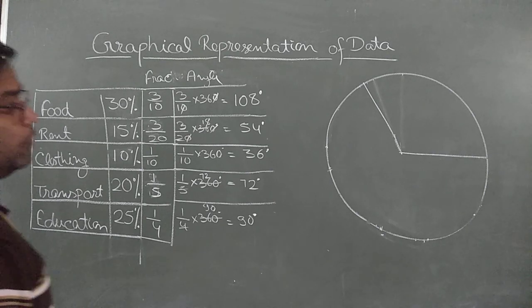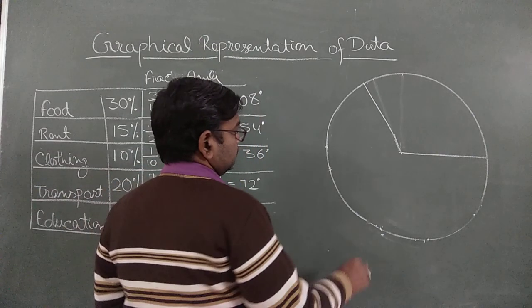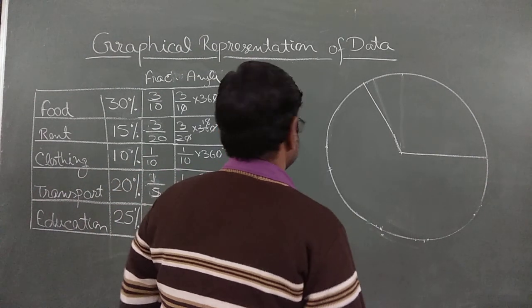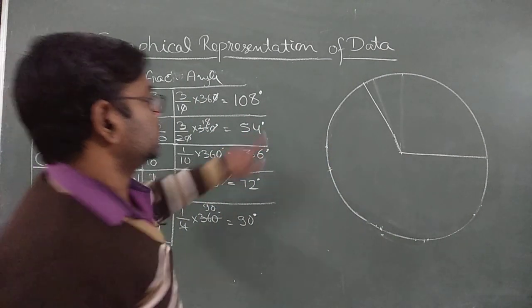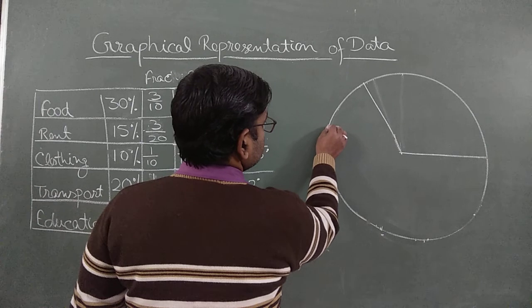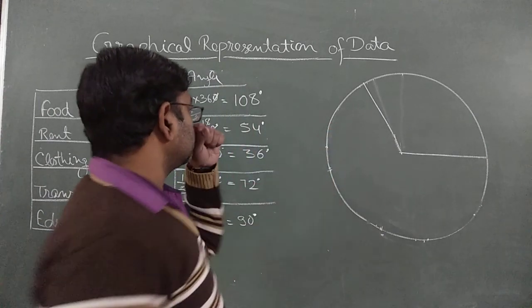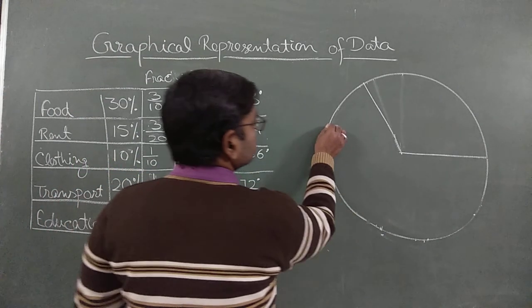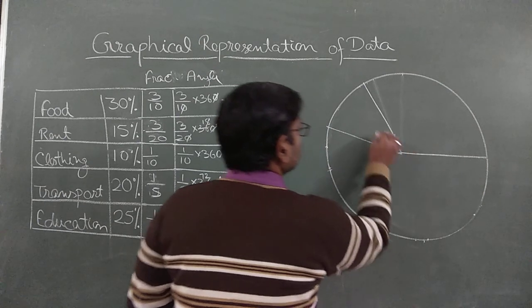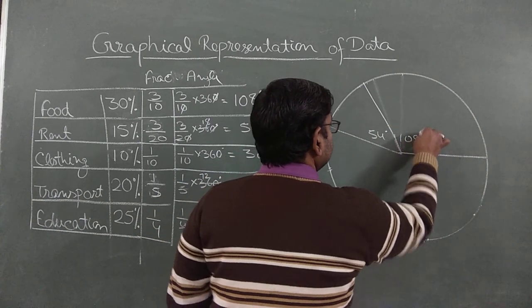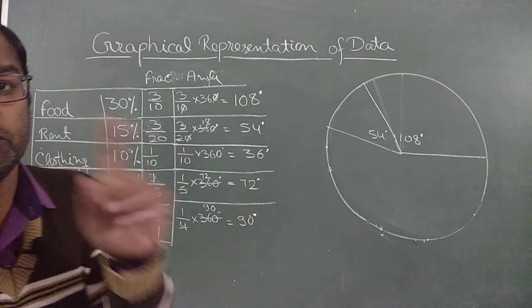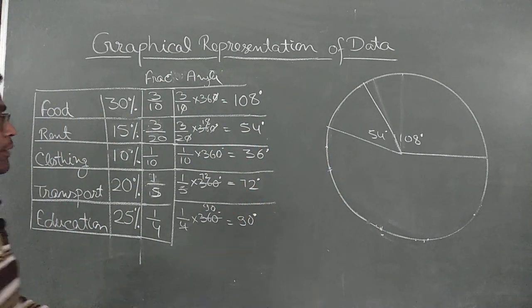Then 54 degree. So see, it's near about 160. So this must be 54 degree, and this must be 108 degree. I am using my free hand, but you have to use your protractor.